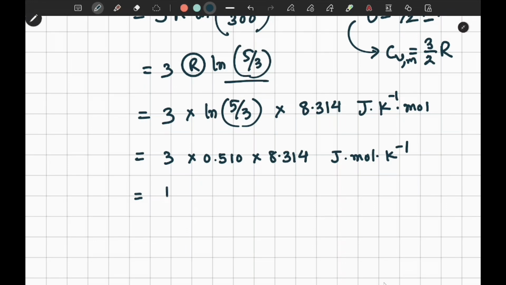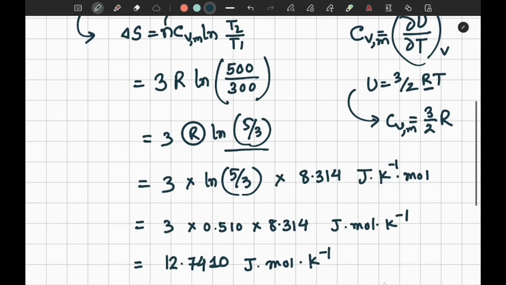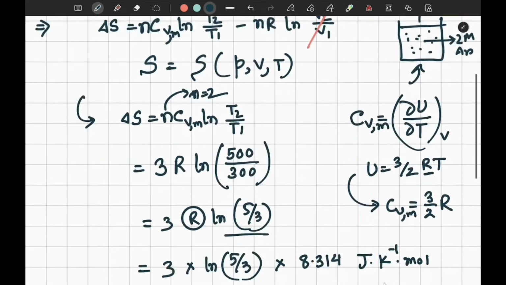So it is 12.7410 joule per mole per Kelvin. So this will be our change in entropy. And you know, if the change in entropy is positive, that means it is spontaneous. Okay. So this is the first question.